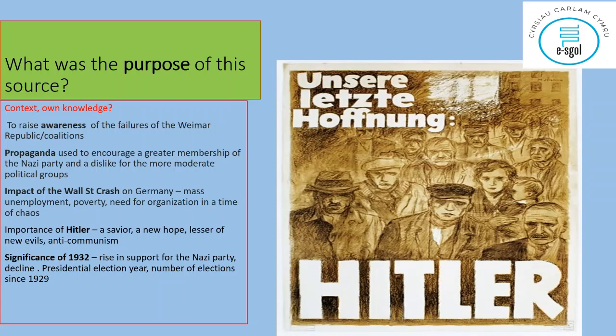A real rise in support for the Nazi Party at the time, and a decline in Germany of standards, decline of other parties like the more moderate parties, and presidential election year, as we know. So there's plenty to consider, isn't it? Ideally, you'd hope to include, say, a good few points in the content and knowledge, give 2 or 3 paragraphs.